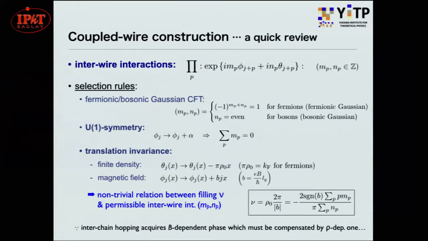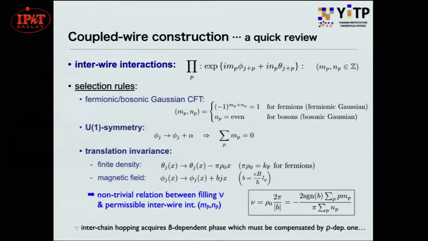But then there are several selection rules coming from symmetry and the underlying CFTs. First of all, because each chain is described by a bosonic or fermionic CFT, m_p and n_p should obey these selection rules.